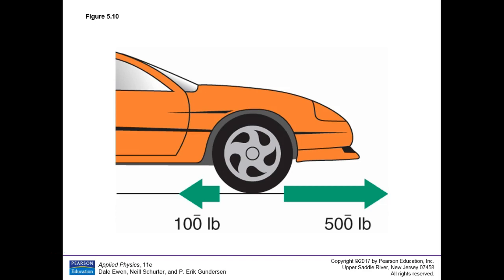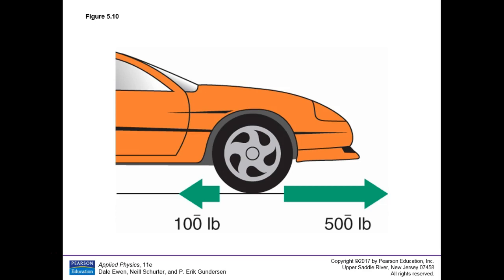They're both on the tire. But if you did tire on the road, 400 pounds, road on tire, 400 pounds, it's two different objects, always equal and opposite.